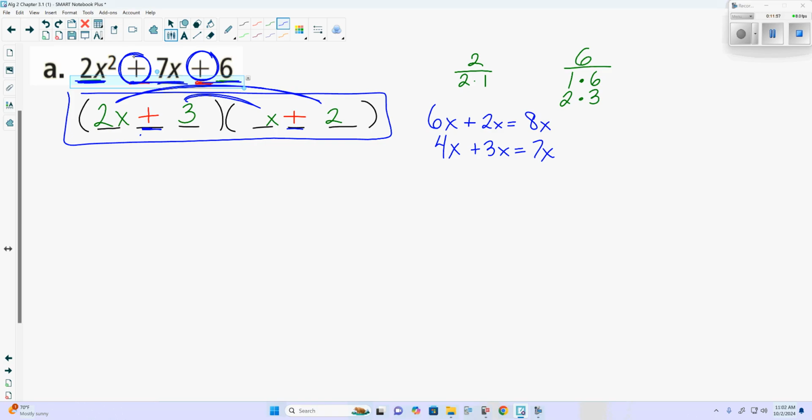So what's our first term? So what multiplies together to be x squared? So not focus on the 2, x squared. What two things multiply together to give me x squared? We only have one thing, x, and what is x times x?